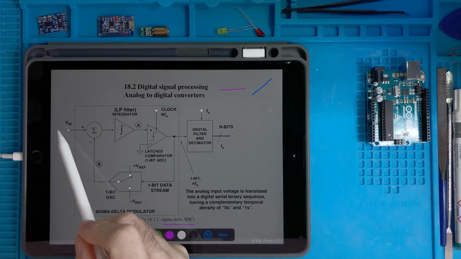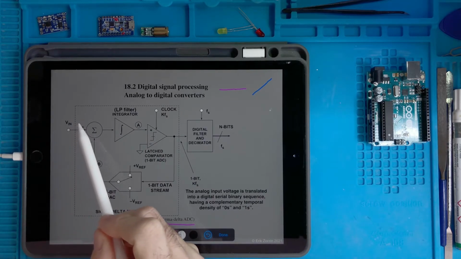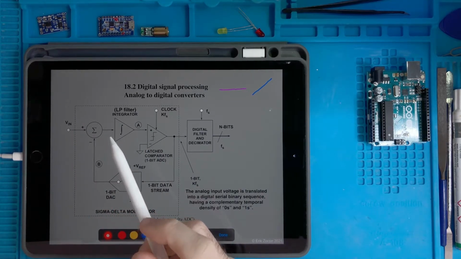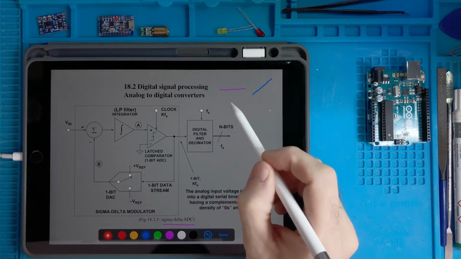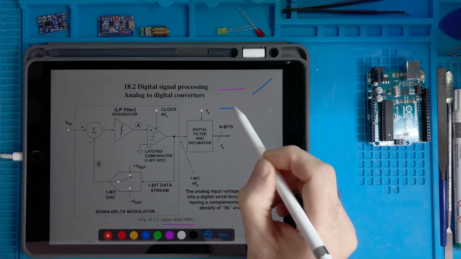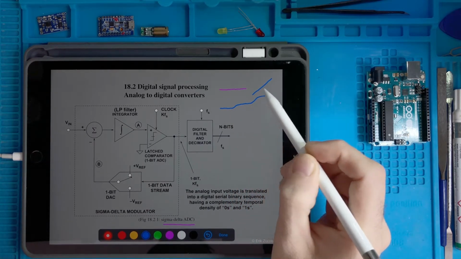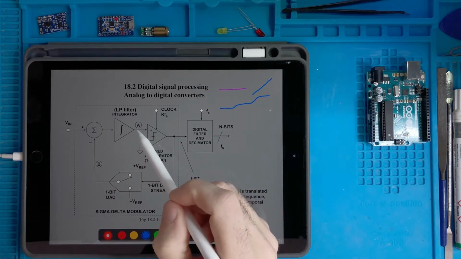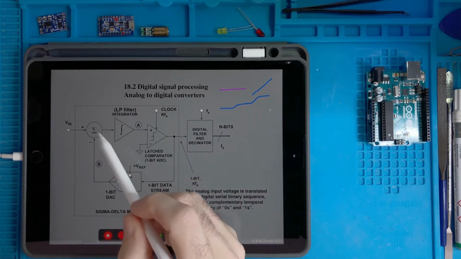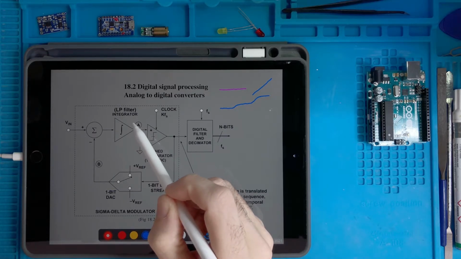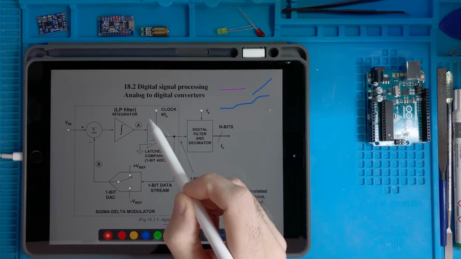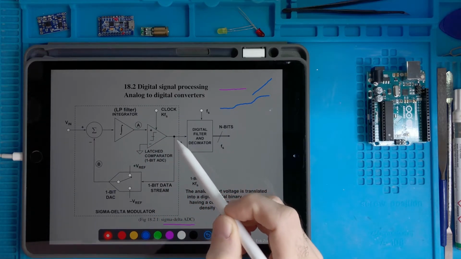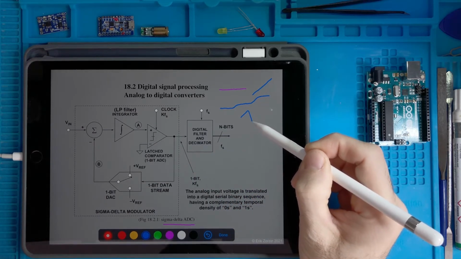If this signal is moving slowly in time, we can imagine that it's passing from one value to another value. At the output of this thing you will have a signal that will increase, then it will decrease, then maybe it will increase again, then it will decrease. It will do something like this maybe.